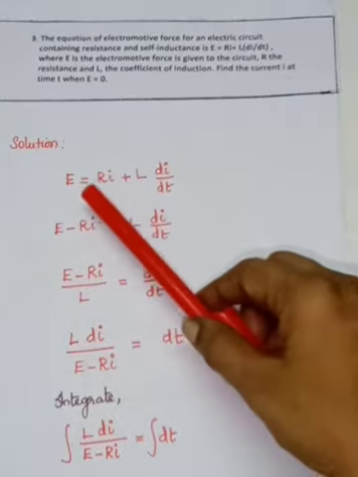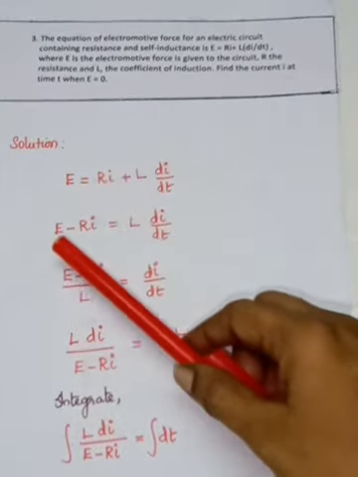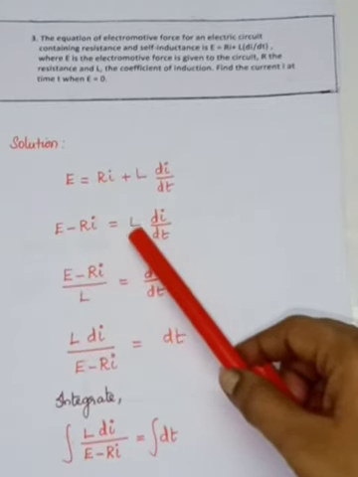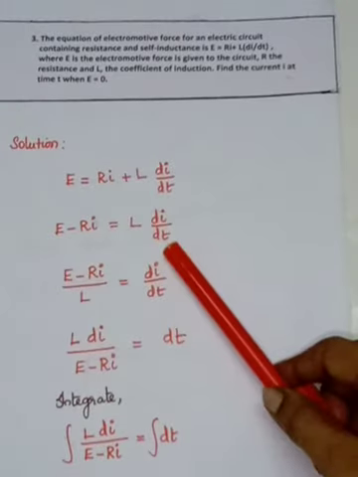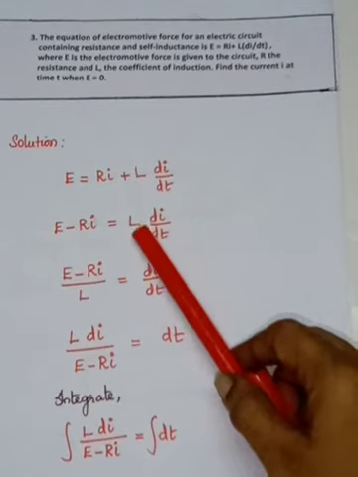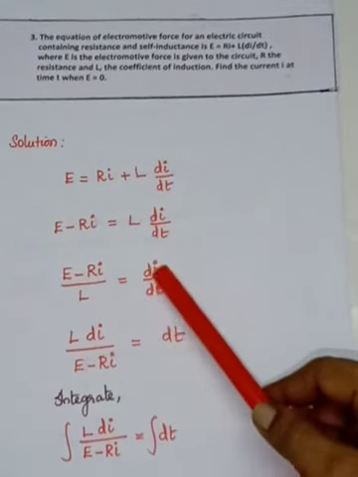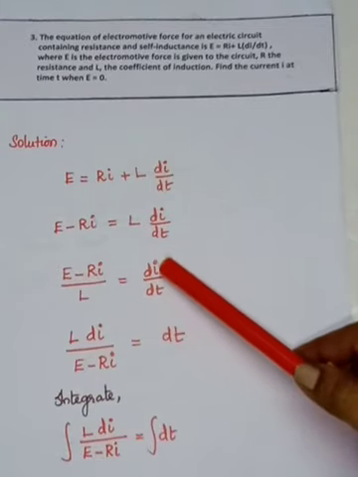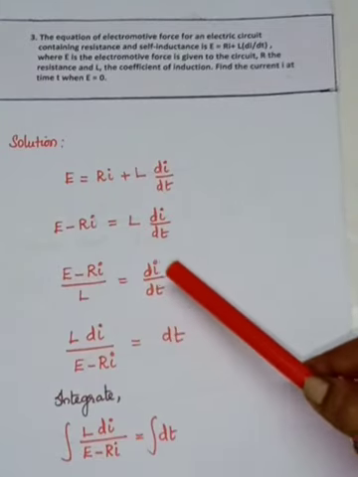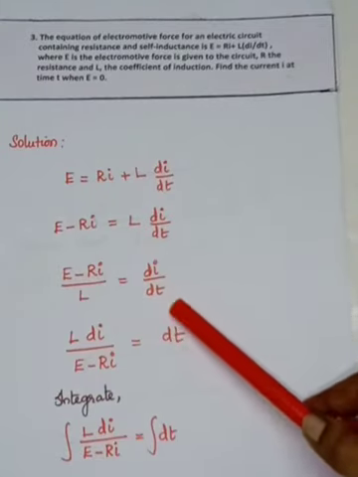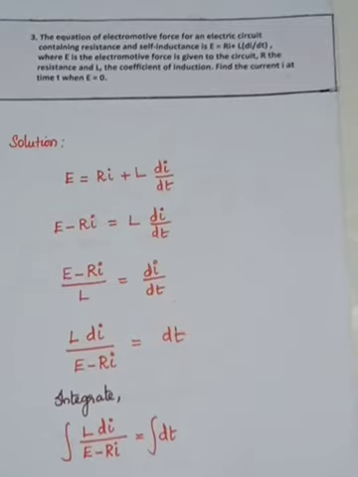Okay, take this Ri to the left side. E minus Ri is equal to L di by dt. Okay, so L we can bring to the left side in the denominator, equal to di by dt. So di by dt, I is one variable, t is another variable. So we have to group the terms.